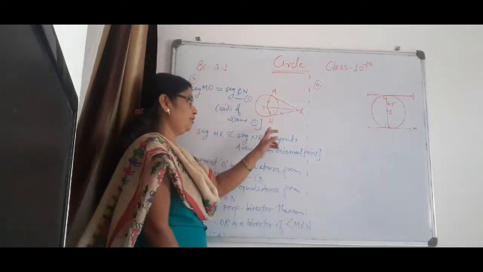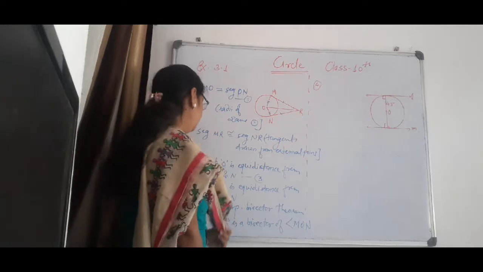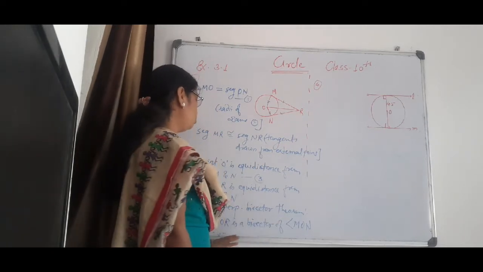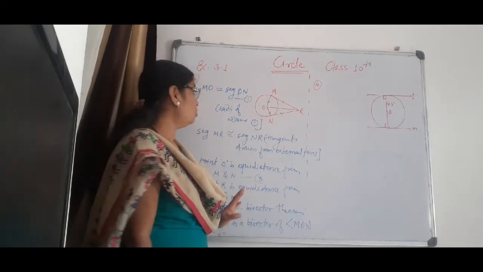If the points are equidistant, then by perpendicular bisector theorem, OR is a bisector of MON.